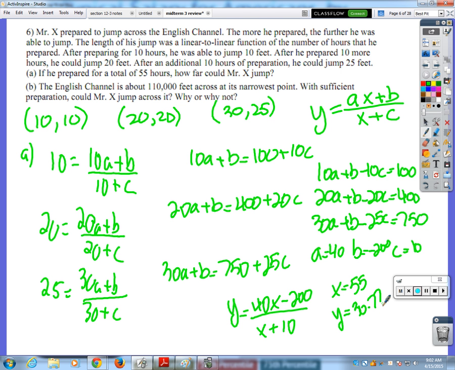Okay, then it says in part B, the English Channel is about 110,000 feet across at its narrowest point. With sufficient preparation, could Mr. X jump across it? Obviously not. What's the maximum that he's going to be able to jump? 40. a is the maximum. So, no. Max equals 40.